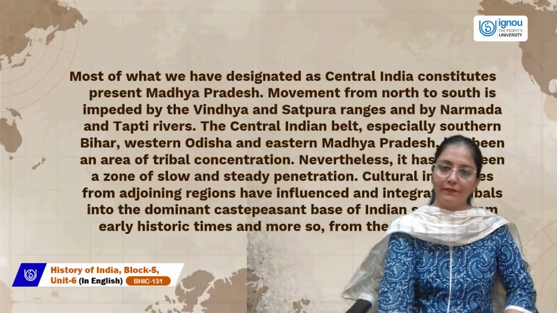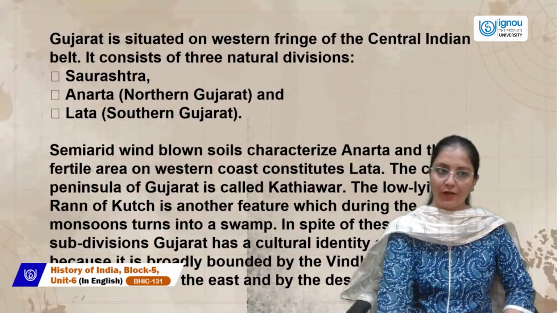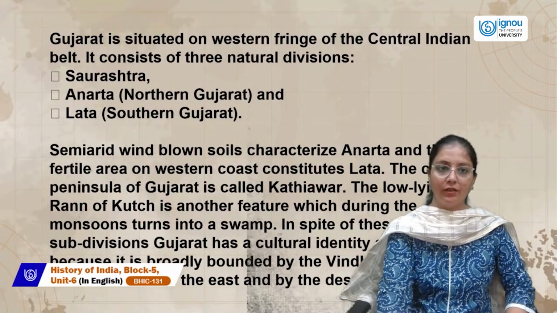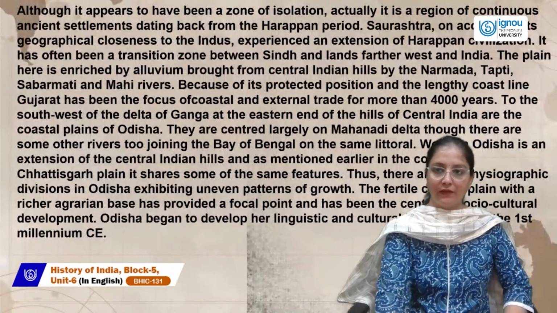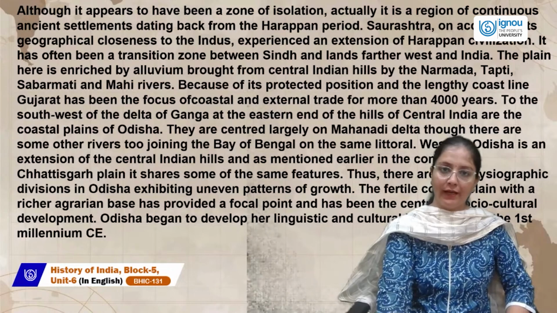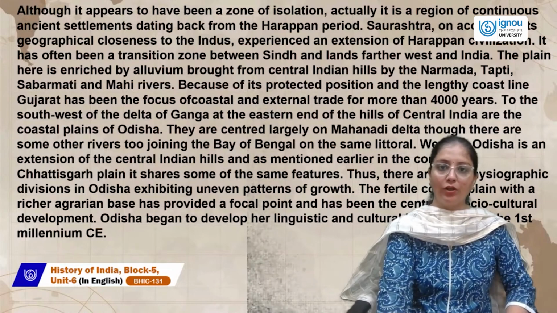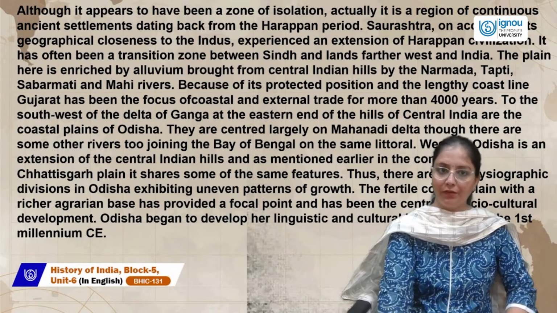We have studied about Central India: Saurashtra, Anarta, and Lata, the three major divisions of the Central Indian belt. We have studied a lot about Gujarat, and about the Central Indian hills, the Narmada, Tapti, Sabarmati, and Mahi rivers.